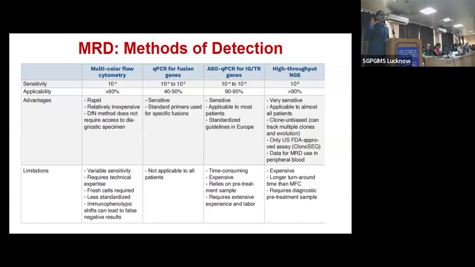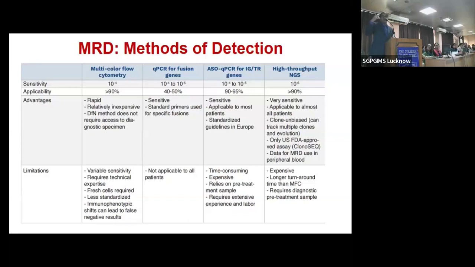The basic reason for using flow cytometry is that it is very rapid, relatively inexpensive, and, different from the molecular method, does not require access to a diagnostic specimen. So this is one of the basic advantages, I should say, why the majority of labs are using flow cytometry in the Indian context.